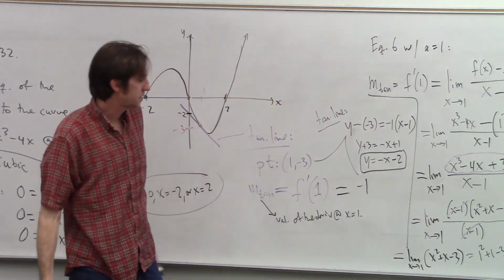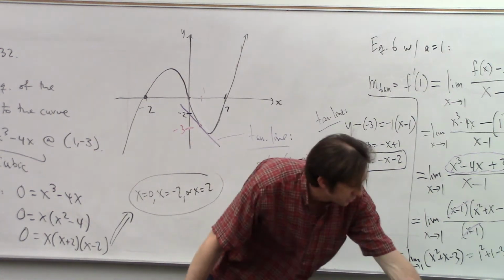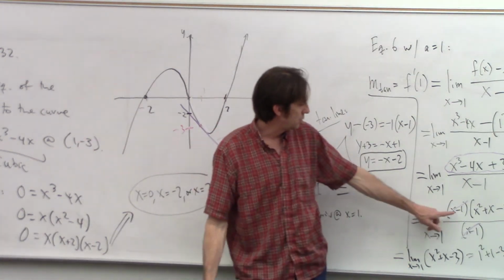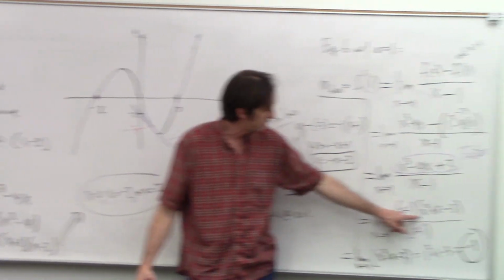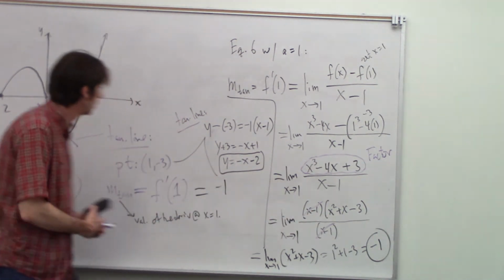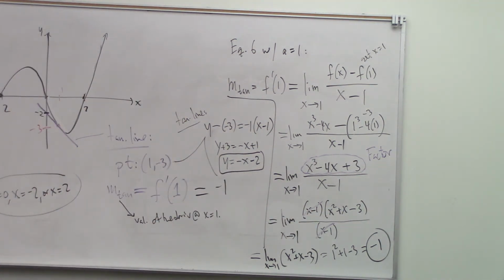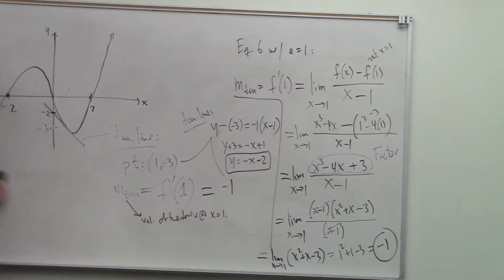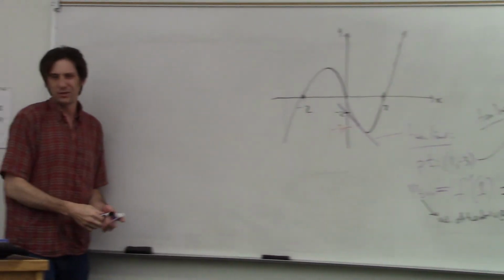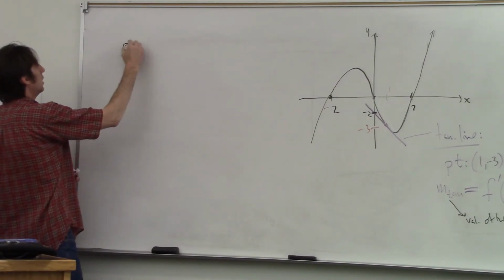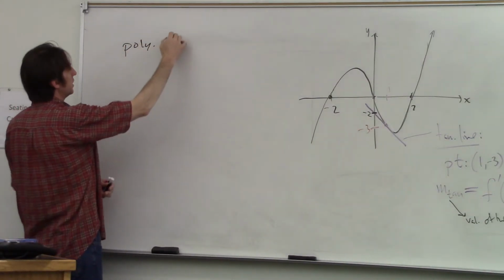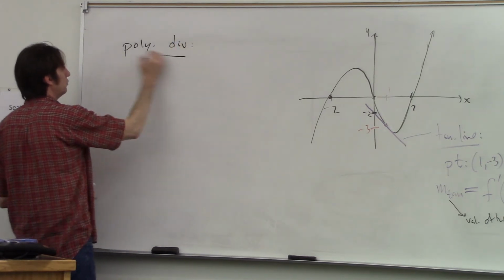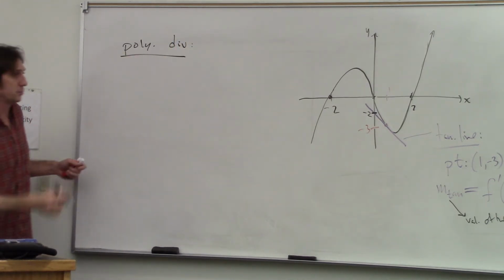So, the last part to talk about maybe is how to get this factorization of the cubic. You can do it with polynomial division, or maybe when you took pre-calculus, you learned about synthetic division. I did not learn about synthetic division, so I usually do polynomial division, okay?